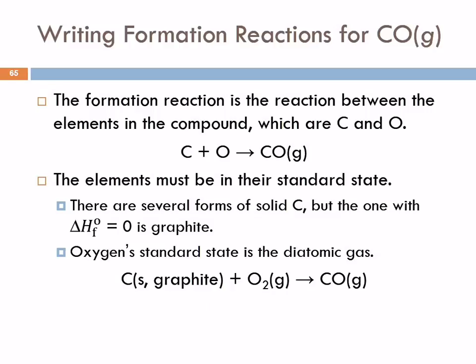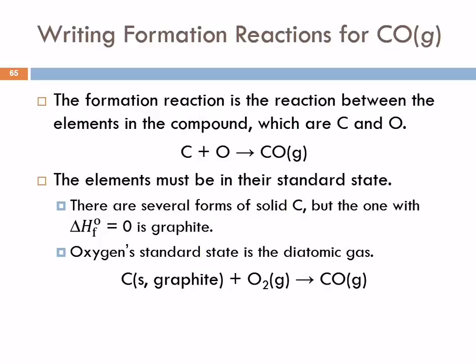So let's look at how to write the equation for the formation of carbon monoxide. So carbon monoxide, what are the 2 elements involved? Carbon and oxygen. So then we have to identify what's the standard state of carbon, what's the standard state of oxygen. So for carbon, it's graphite, and for oxygen, it's O2.